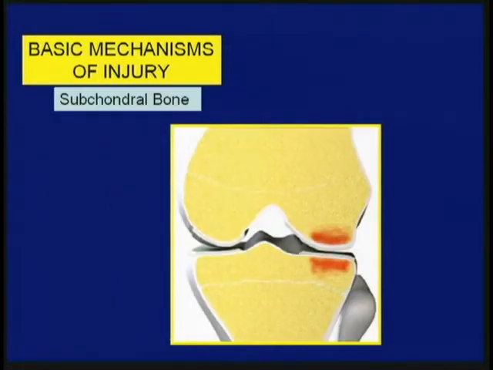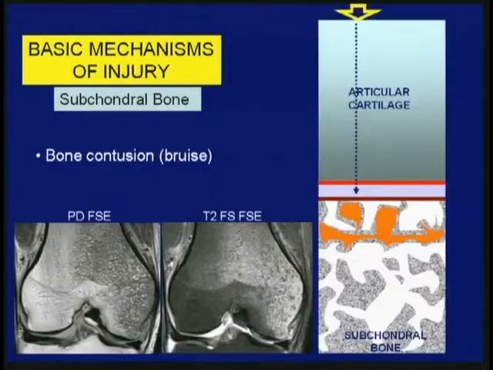When the 2 bones collide, there's going to be a reaction in the subchondral bone, and we often call this a bone contusion or a bone bruise. And I showed you a very similar case yesterday to indicate the complex appearance of these bone contusions. Okay, there's hemorrhage, there's edema, I think there are changes in fat as well, with lysis of fat producing this speckled appearance that we see on our MR images.